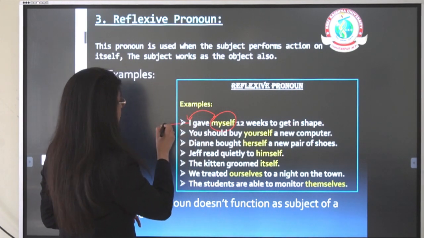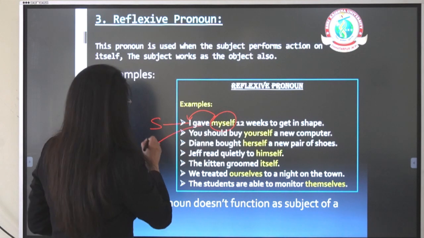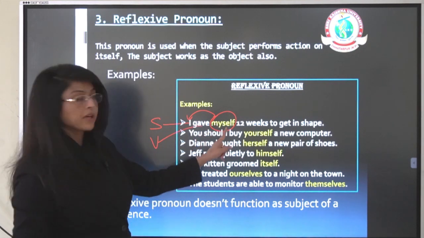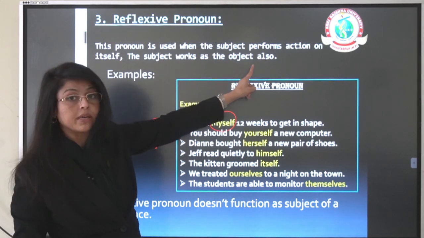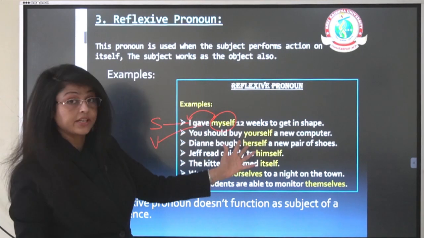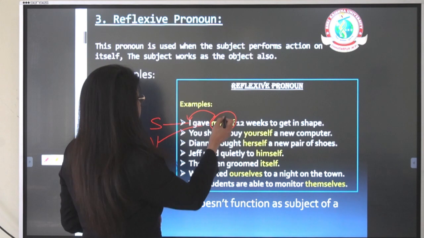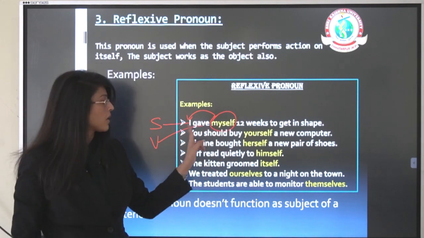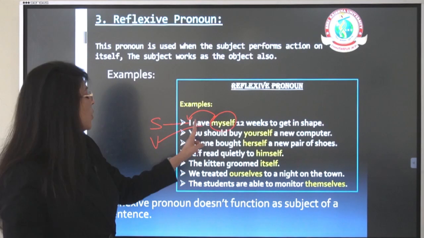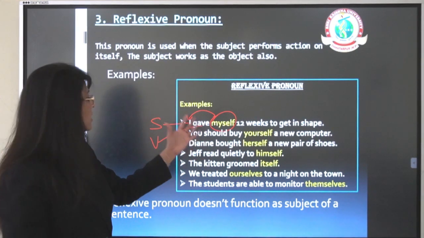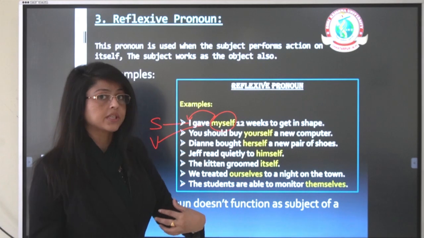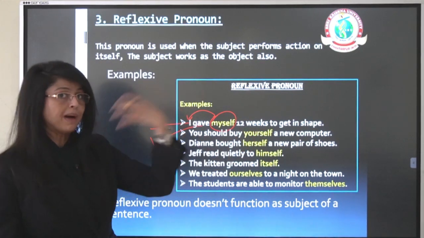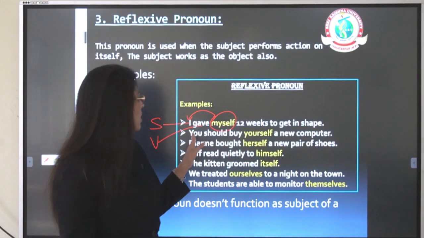This is a subject, as you all know. Gave is a verb, and this becomes an object. See, subject becomes an object. That's what they are saying, no? It works as an object. So the subject is talking about the action being performed on the subject itself, and that's why it is reflecting back. It's bouncing back. That's how.